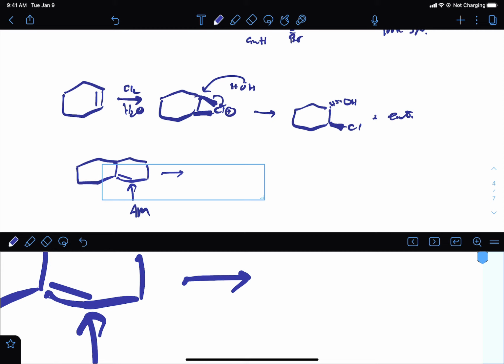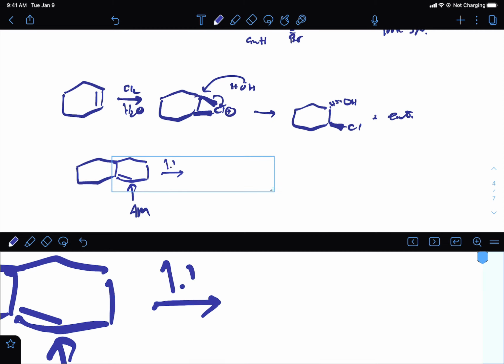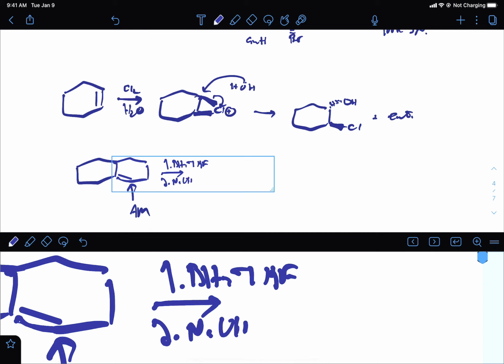So we could use BH3THF, followed by NaOH, H2O2.